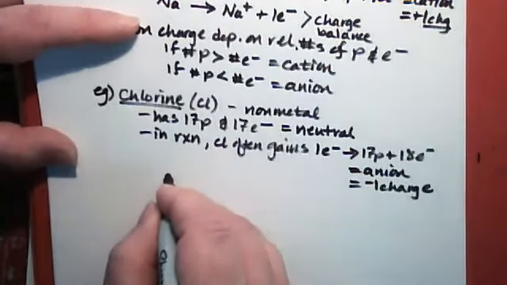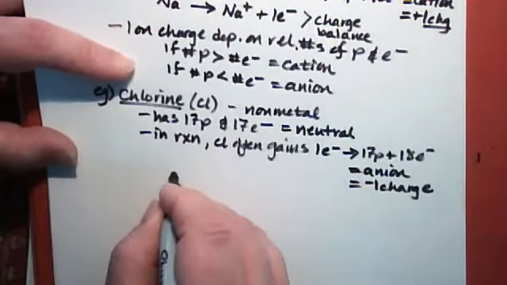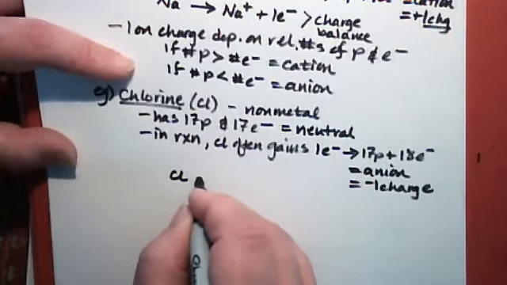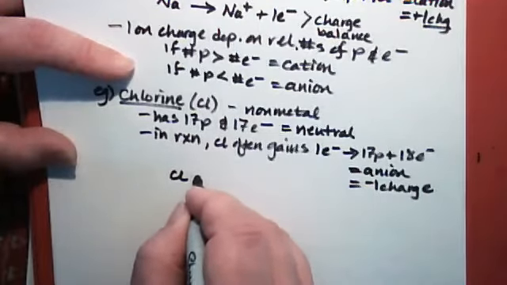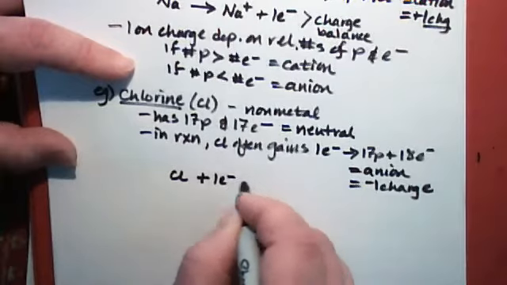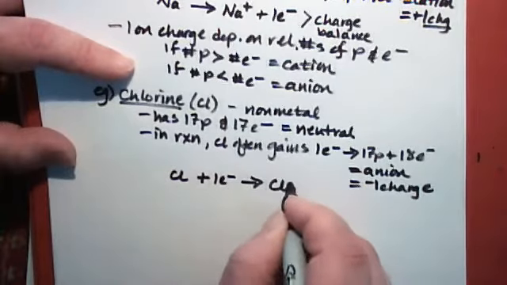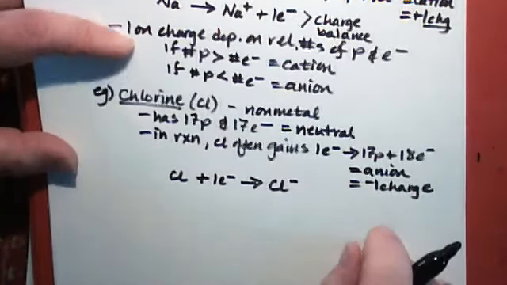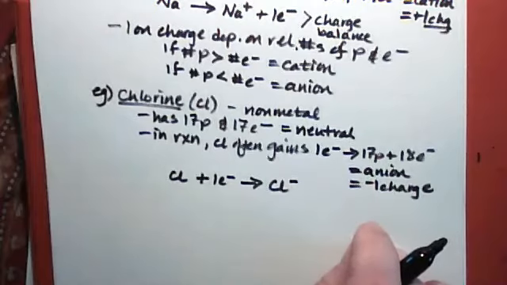In terms of a chemical equation, you can look at it like Cl, that represents an atom of the neutral substance, plus one electron leads you to the ion Cl-, which is known as the chloride ion. Interestingly enough, negative ions get special names, whereas positive ions are just the name of the element.